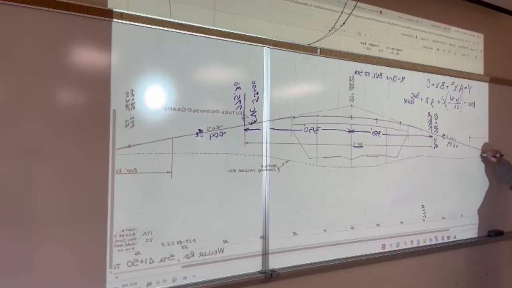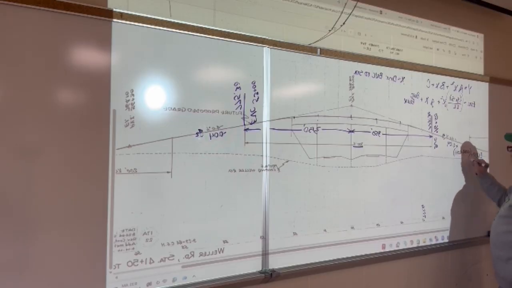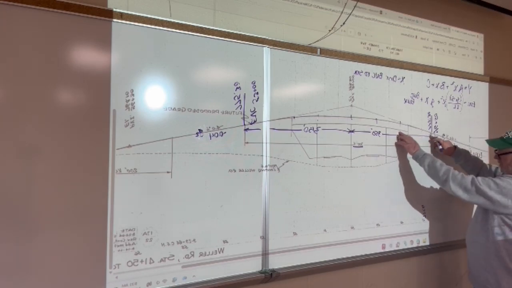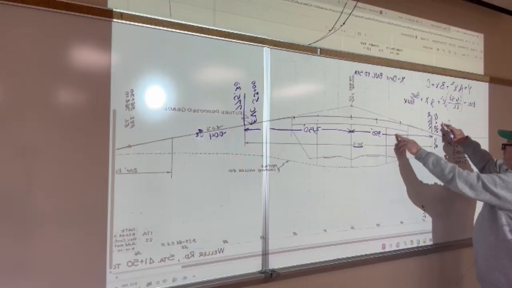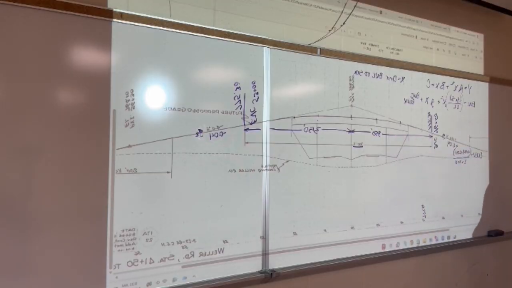Elevation equals negative 0.04 minus 0.04, that quantity divided by 2 times 700, our length. Now we're going to the next station. What's 48 minus 46 plus 50? Right, 150.